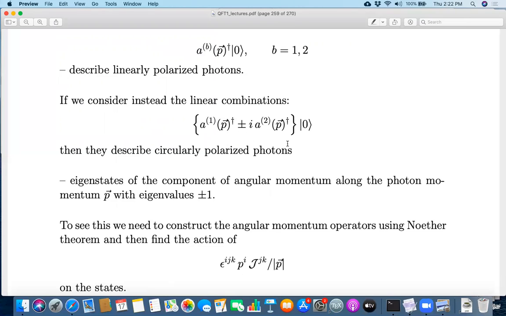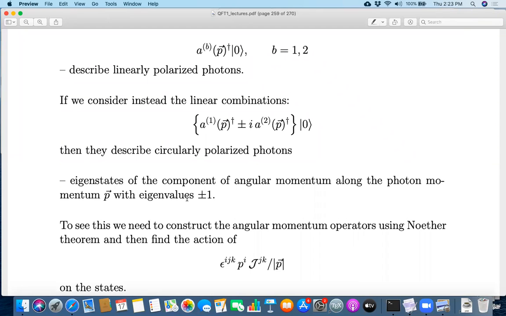Now one can show, and this is something that I'm not going to discuss, that these states in fact form eigenstates of the component of angular momentum along the photon momentum p. The eigenvalues that they represent are plus or minus 1. And this is saying that in some sense, the photon represents a spin 1 particle.